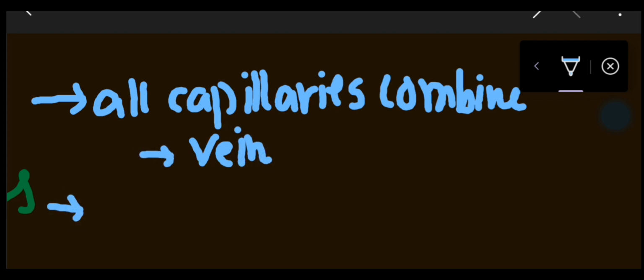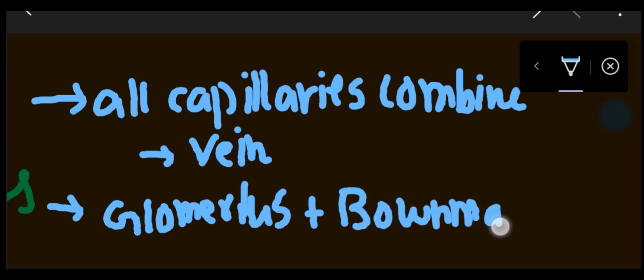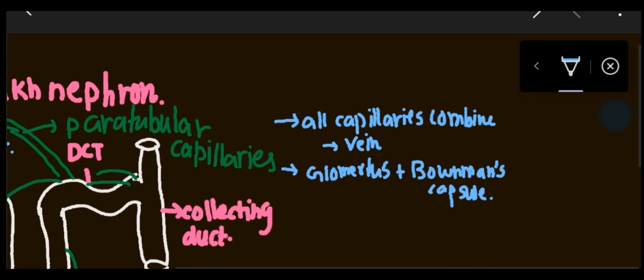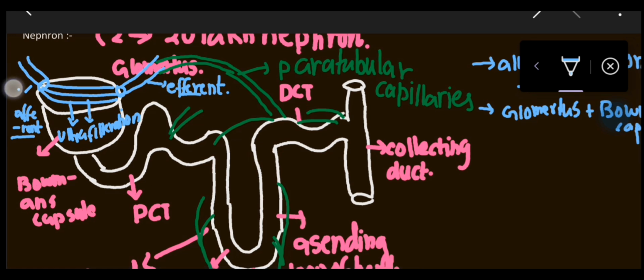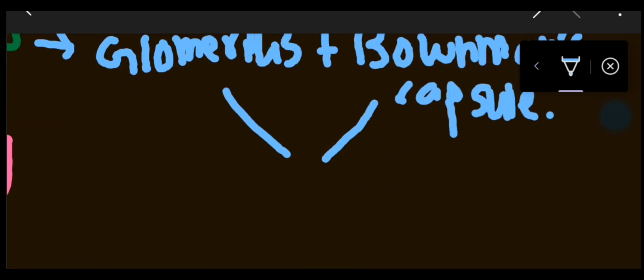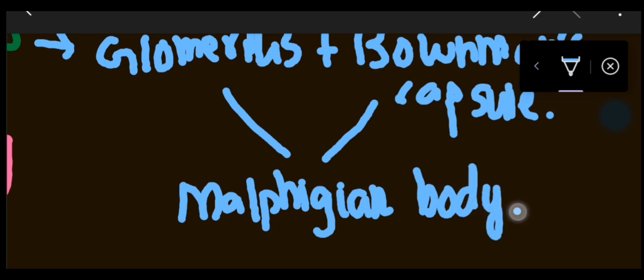Another point: the glomerulus and the Bowman's capsule, as you can see, this is the glomerulus and this is Bowman's capsule. They both combine together and form the structure which is known as the Malpighian body.